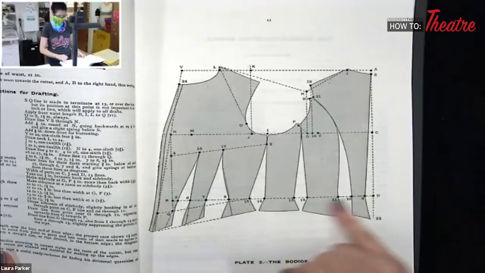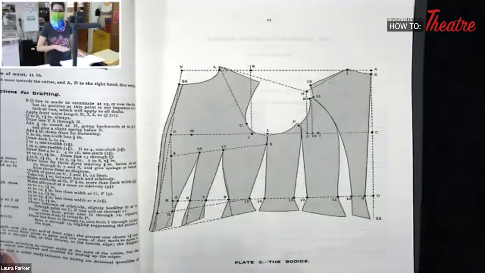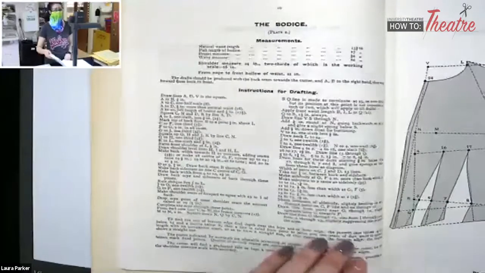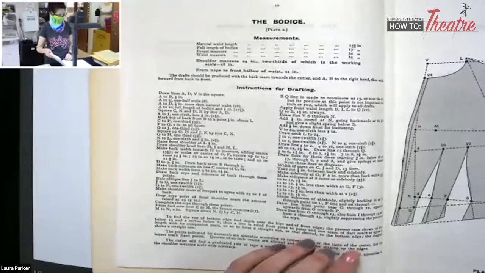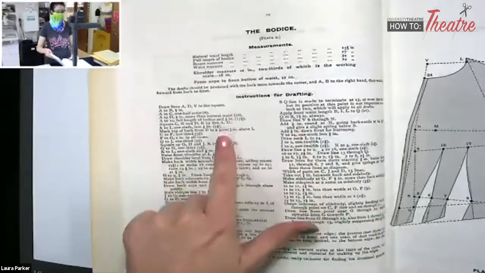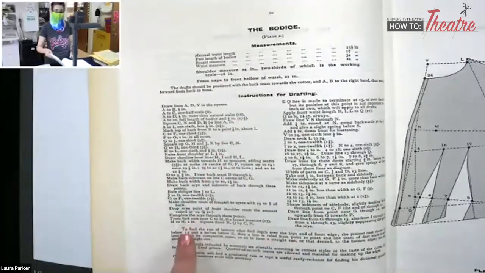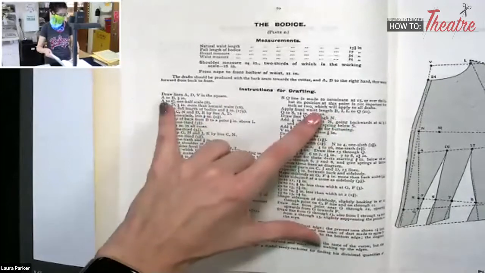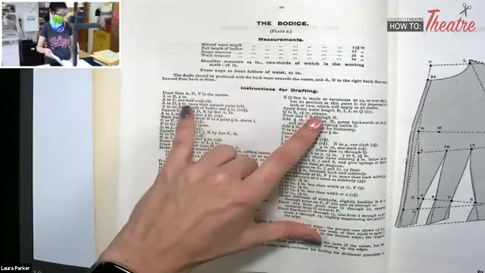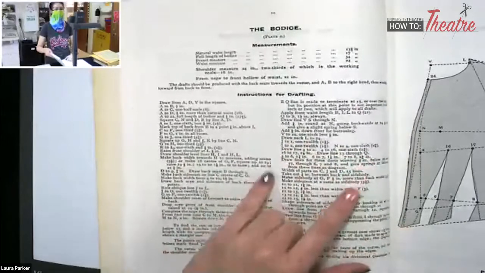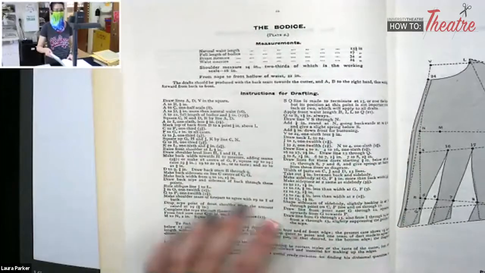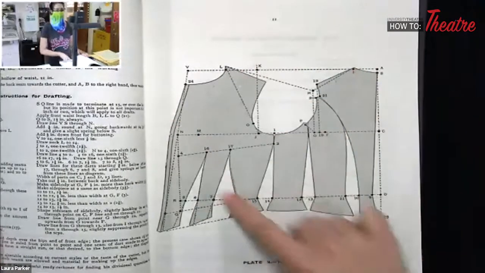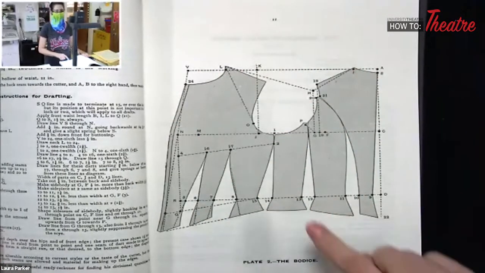She would take all of these letters and numbers and she would lay out a big piece of paper, use her ruler, and then follow all of these instructions to draft this bodice pattern that is going to fit her exactly. And by doing all of the math here, A to B plus a ½ inch, A to C 1/2 scale, she's going to come out with this shape and this pattern that should fit her exactly.